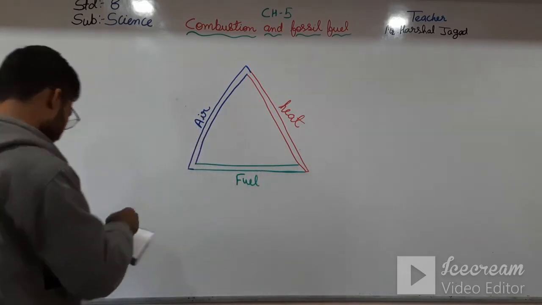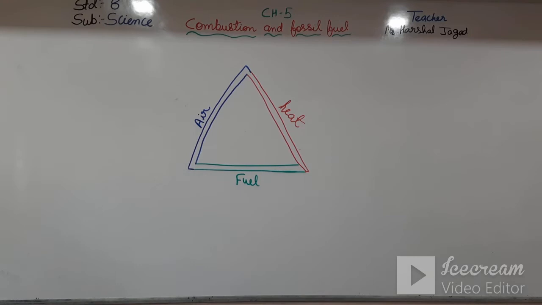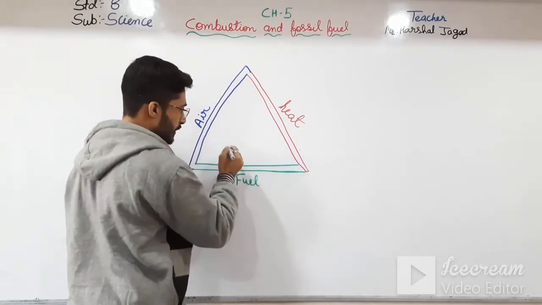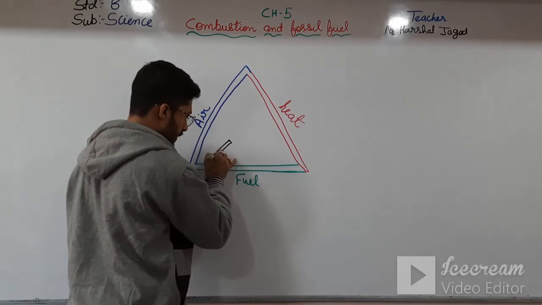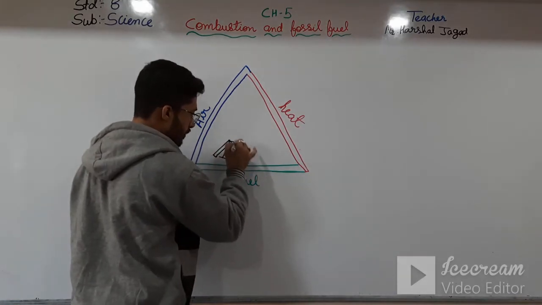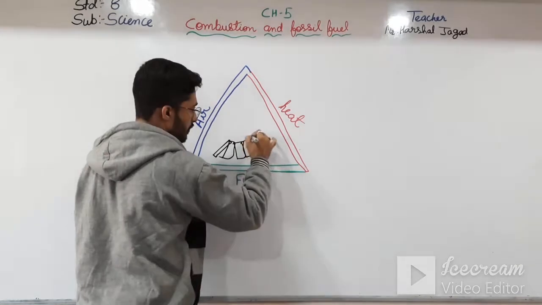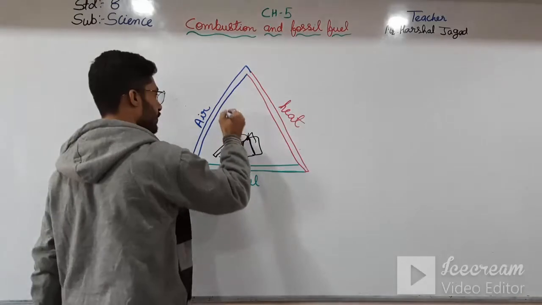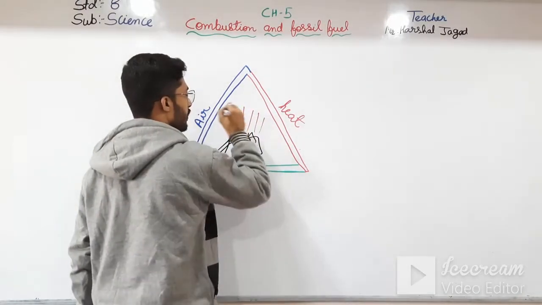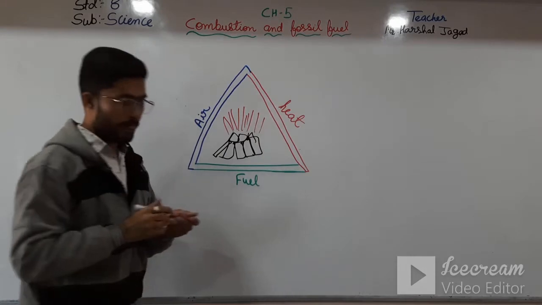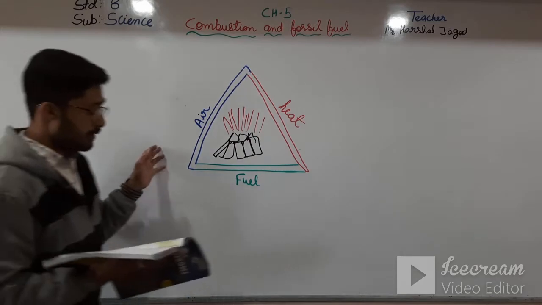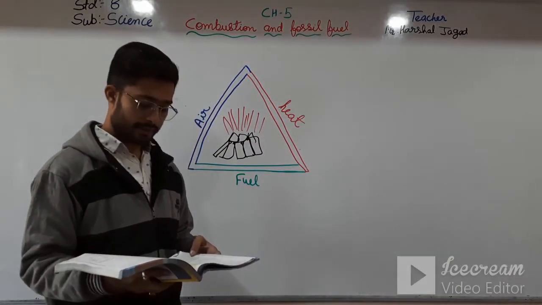And here some firewood is there. I don't have brown color, so I am just using the black one. This is some wood. And when it starts, it releases a red light. Okay, so here you can see it is done. So here you can see the conditions necessary for the combustion.